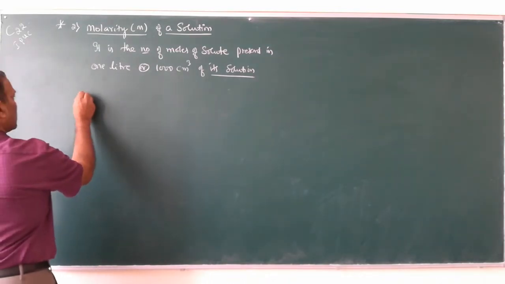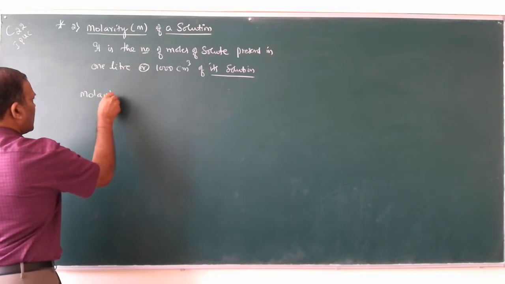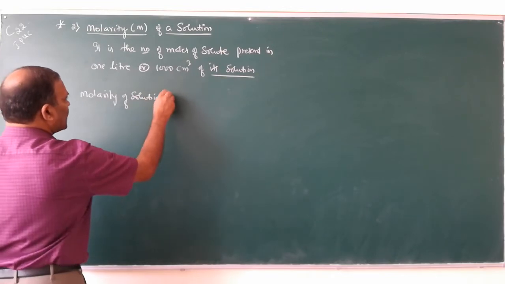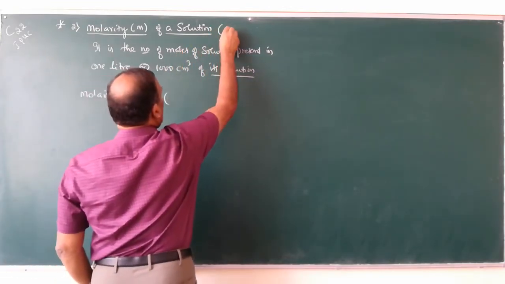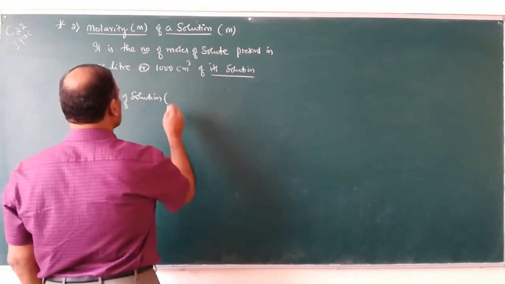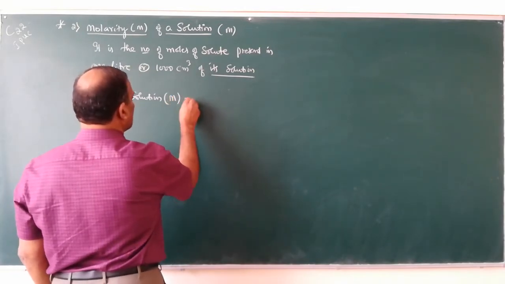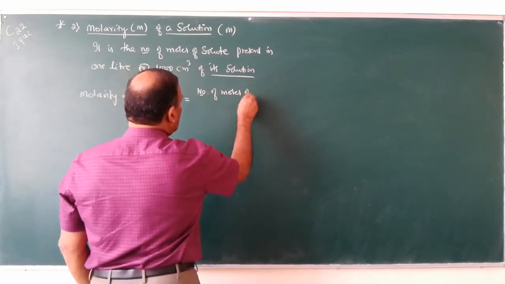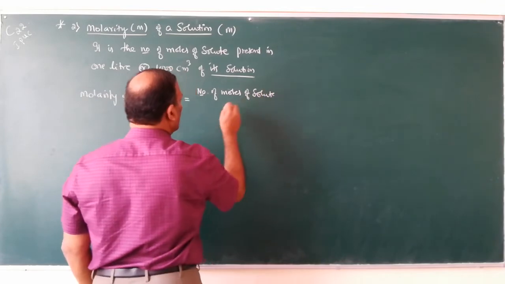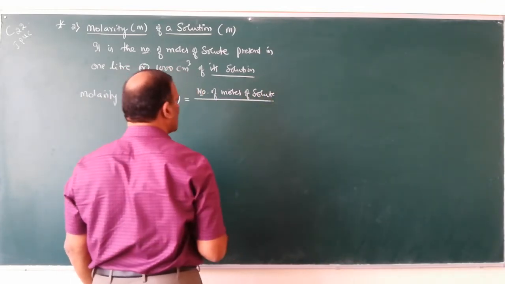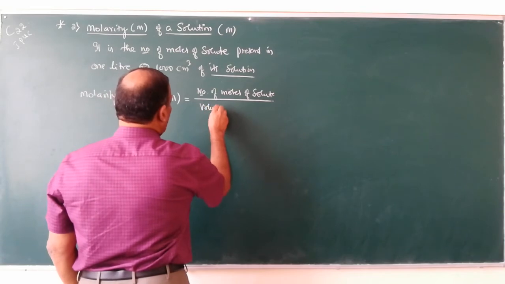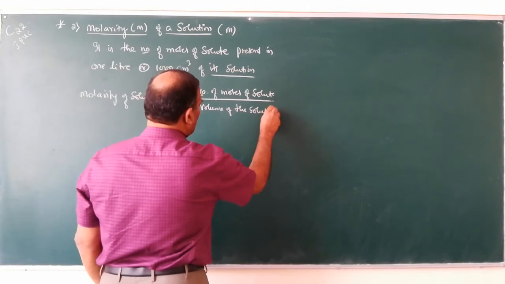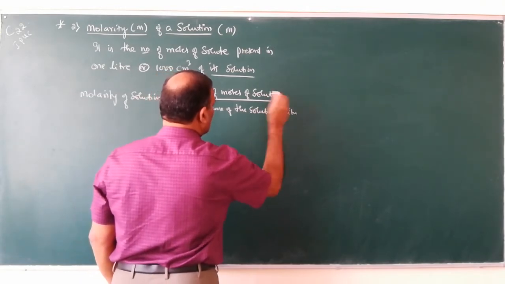Molarity of solution is represented as capital M. Molarity M of solution equals number of moles of solute divided by volume of the solution in liter.